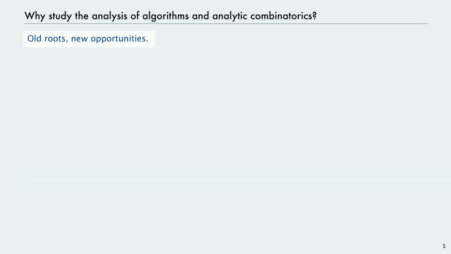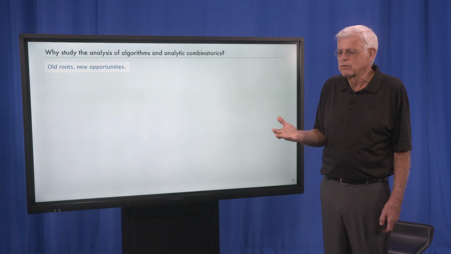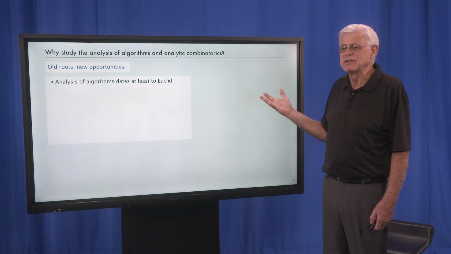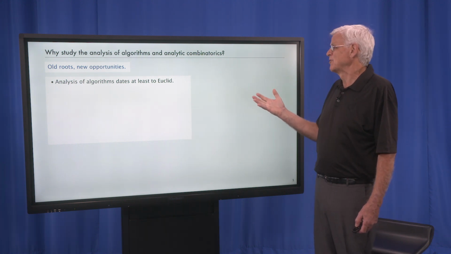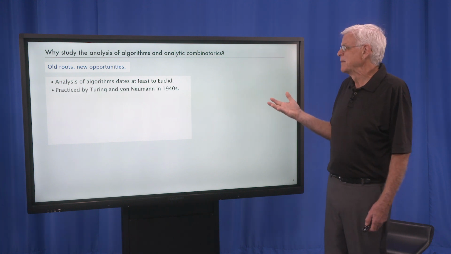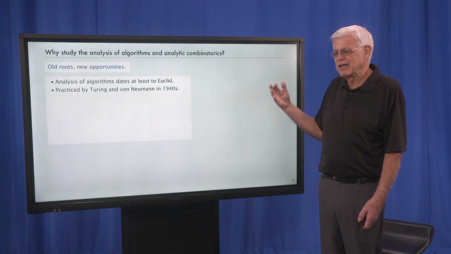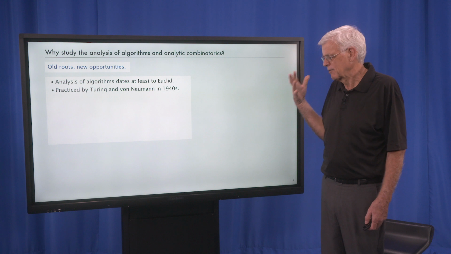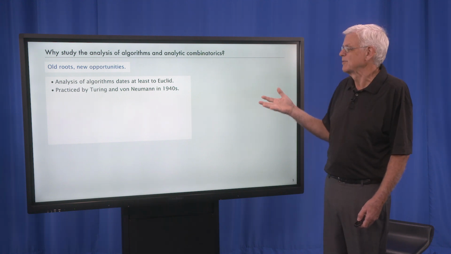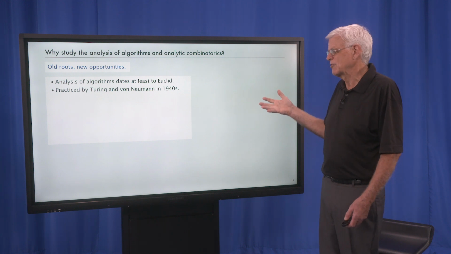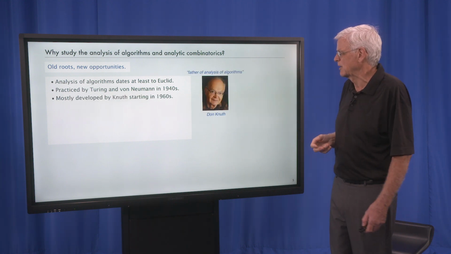Another reason to study analysis of algorithms and analytic combinatorics is that they have very old roots, but still there's new opportunities. Analysis of algorithms dates back at least to Euclid, which is a long way back. And Turing and von Neumann, who originated computer science in the 40s, practiced very much the same types of techniques that we're talking about.